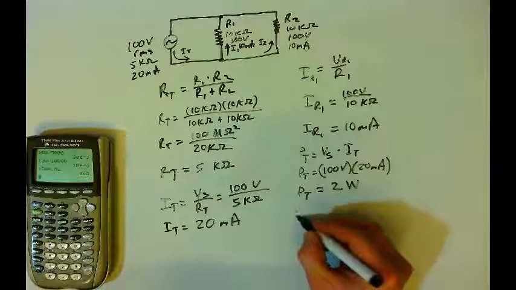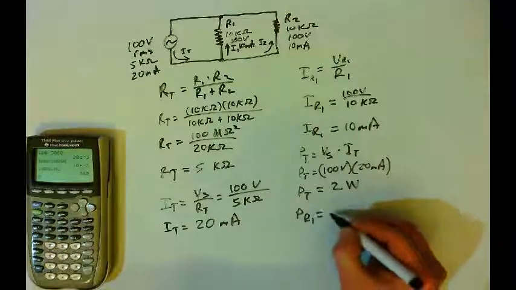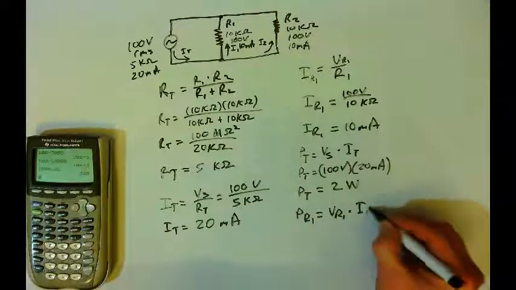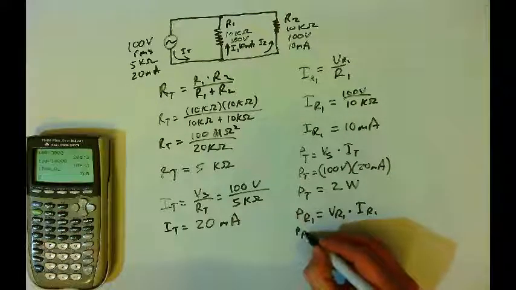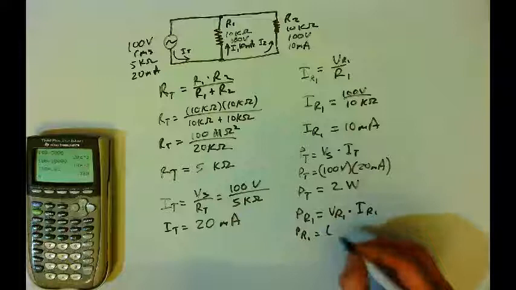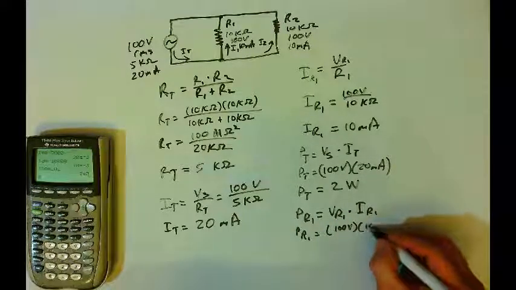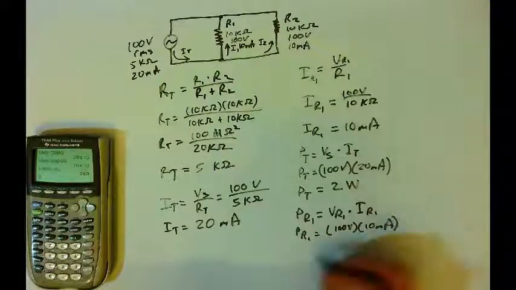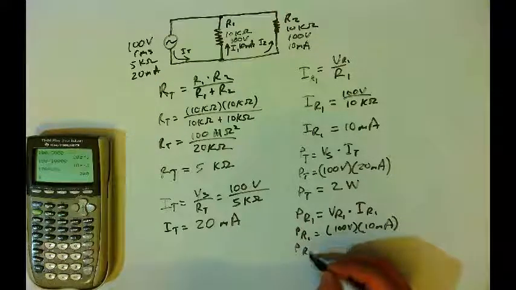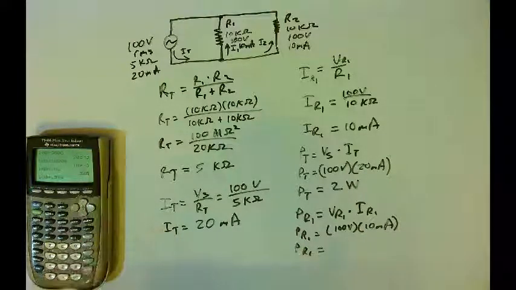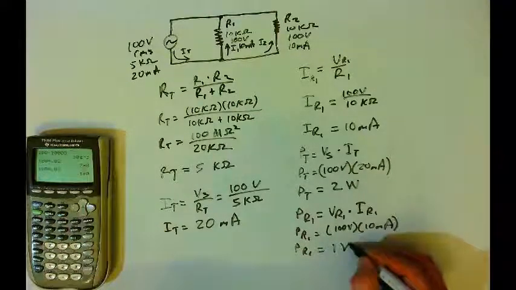And so let's find the power in R1, which will be the voltage in R1 times the current through R1. And so the power for R1 will be equal to 100 volts times the current through R1, which is 10 milliamps. And the power in R1 will be 100 volts times 10 milliamps, which is going to be 1 watt.